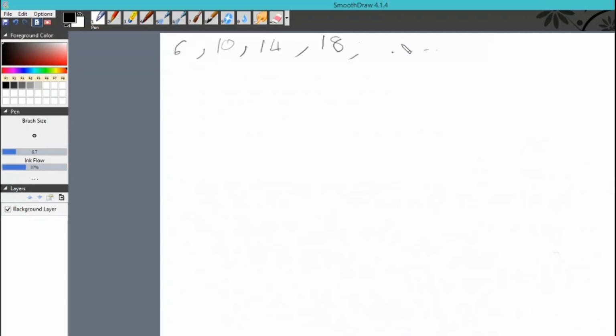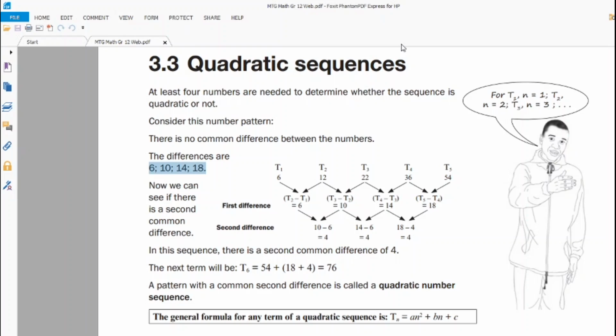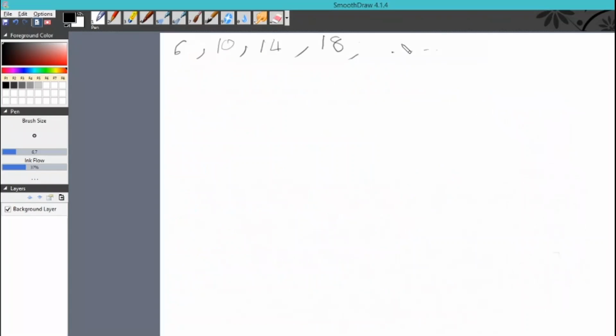As a hint, you need at least 4 numbers to determine if a sequence is quadratic or not, right? So we know we have 4 numbers. Let us take the first difference. We move from 6 to 10. What happened? 10 minus 6 gives 4, so in order to move from 6 to 10, you add 4.